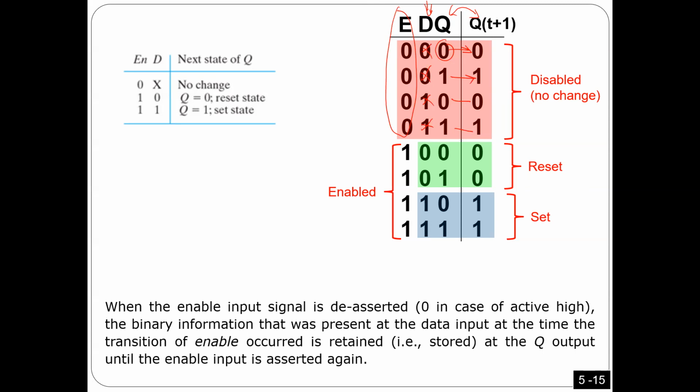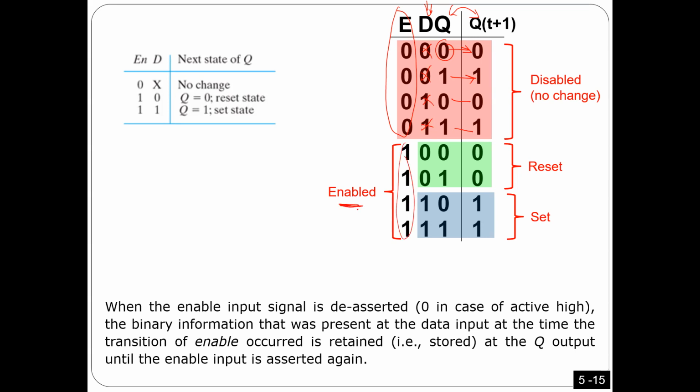So what I'm saying here, if the enable is 0, it doesn't matter what D is, okay? There will be no change. That no change means if Q is 0 it is going to continue 0, 1 is going to continue 1, 0 is going to continue 0, 1 is going to continue 1. Is that okay? Look at this case. If E is 1, that means it is enabled, okay?